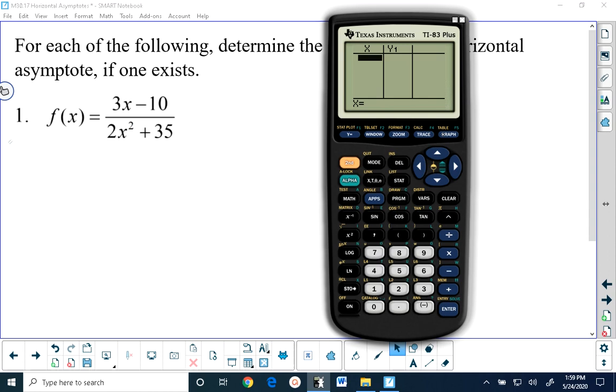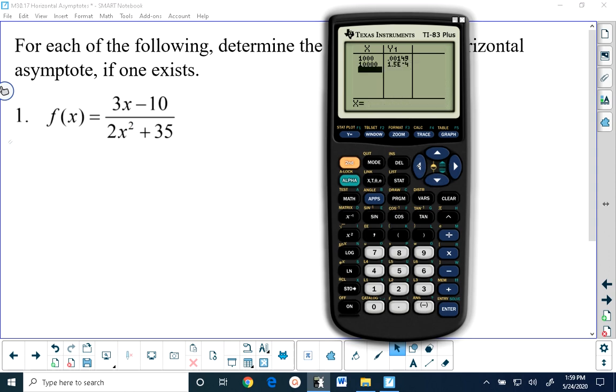I want to look at large values of x, so I'm going to put in 1,000. When I put in 1,000, y is 0.00149 something. When I put in 10,000, which is an even bigger number, y is 0.0001499, and it keeps getting smaller.